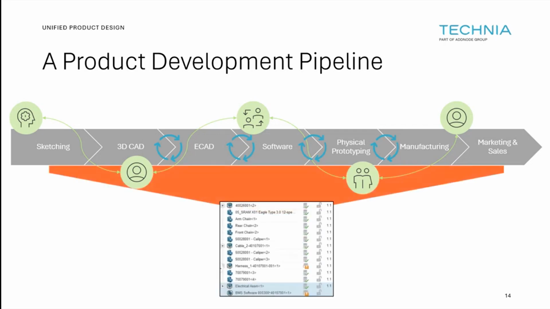And finally, data management and version control. As the design evolves, managing design data and version control becomes critical. Having everyone work on the latest revision or version of a design is essential to avoid conflicts and rework. 3D Experience ensures that every team member, from engineers to project managers, has access to the most up-to-date design data.